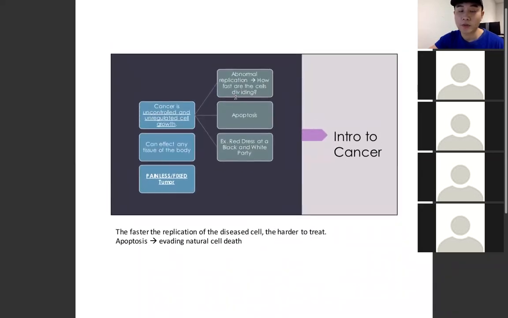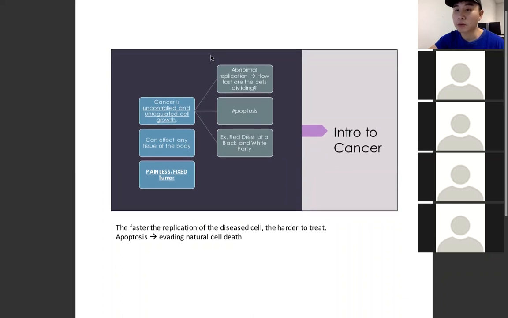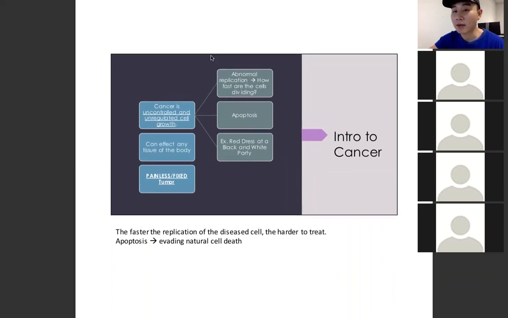So what is cancer? Basically, cancer is uncontrolled and unregulated cell growth. Normally the cells in our body grow and die. They grow in a fixed period of time, and they have a regulation when they grow. However, in cancer, the cell can grow so rapidly, or it doesn't reach maturation, and it causes an abnormal growth in the body.